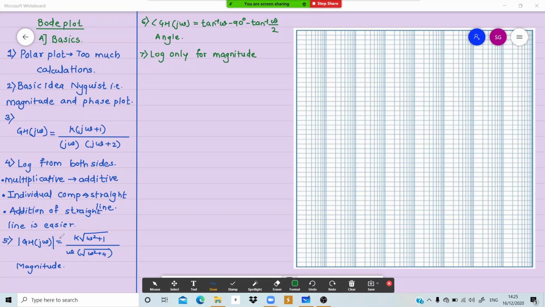Now you just keep on understanding one point. If I take log for this magnitude, I'm going to have log of magnitude of G H j omega is equal to log of k.